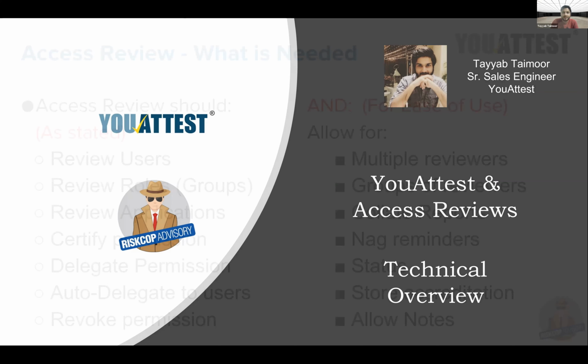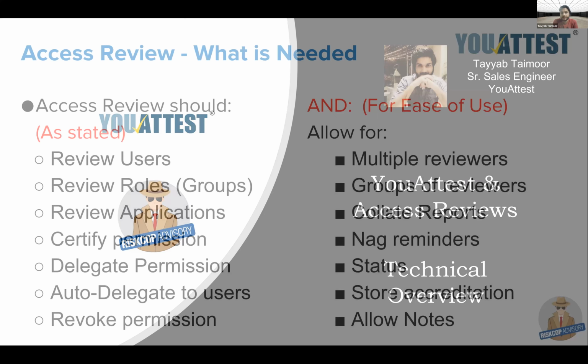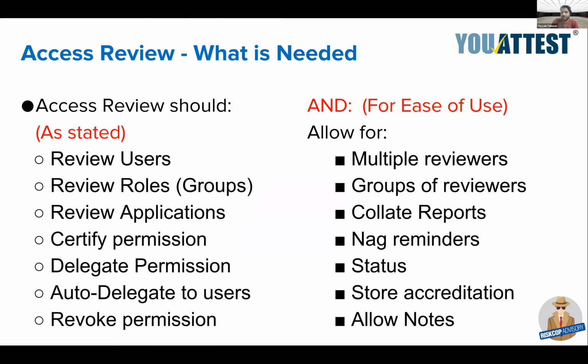So let's just head over to, why are the access reviews needed, and what do you need to perform one, right? So the first thing is that the access reviews are basically to attest to different users if they have multiple roles or they belong to different groups or applications.